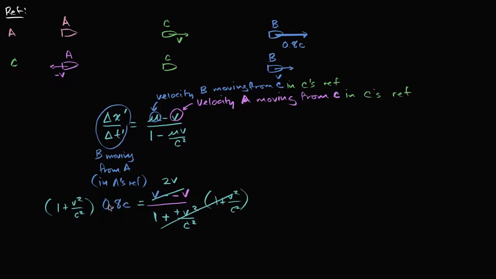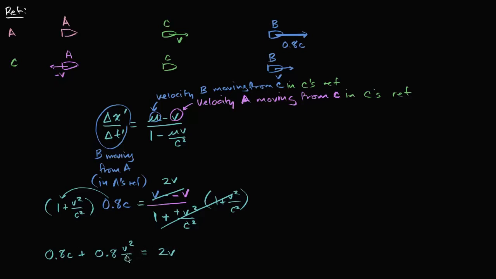And on the left-hand side, we can distribute the 0.8c, so we get 0.8c plus 0.8c v squared over c squared. Well, the c in the numerator is going to cancel with one of these c's in the denominator. So it's going to be plus 0.8 v squared over c, and that is going to be equal to 2v.